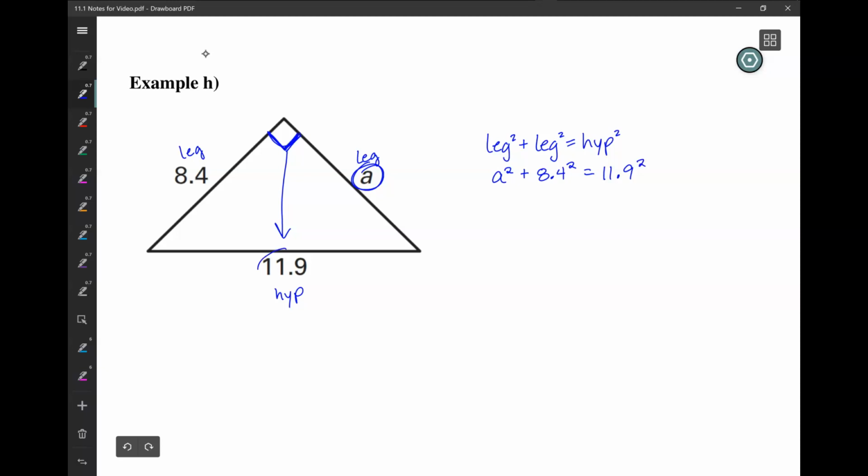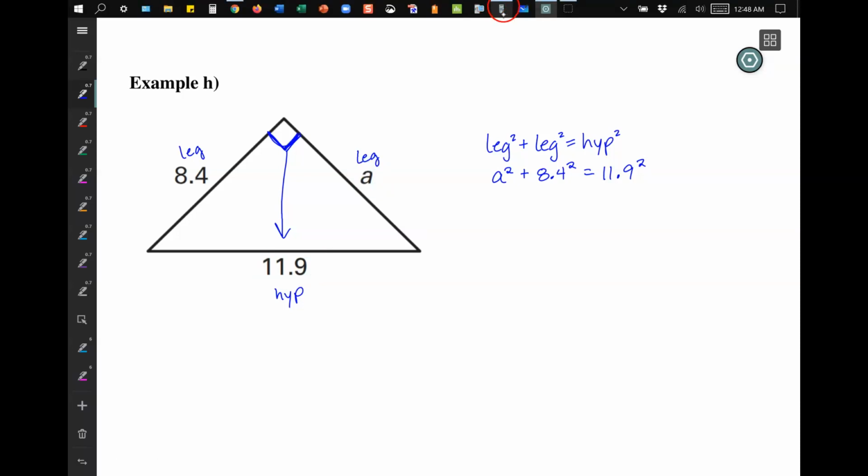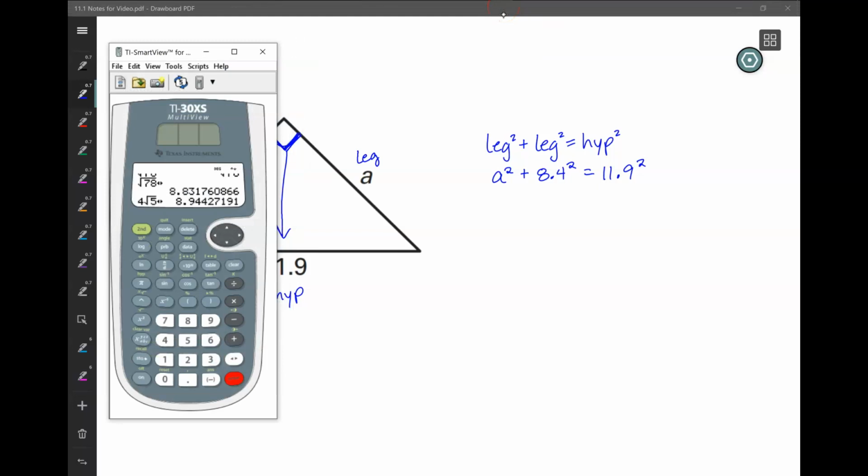So again, make sure it's the hypotenuse that's over by itself on this side. So I'm definitely going to need a calculator here. I don't know what those are off the top of my head. So 8.4 squared is 70.56.